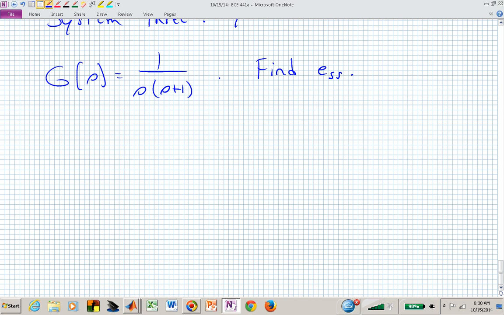This one now does have a pole at the origin, doesn't it? This is now a type 1 system. And let's now start to find the steady state error.